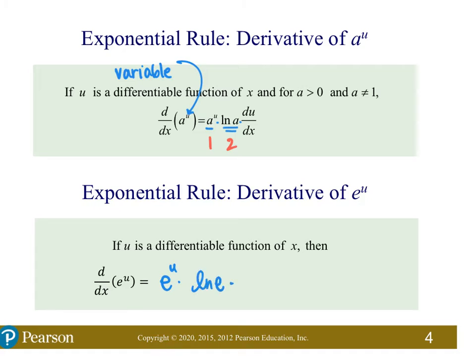Part number 3 is the chain rule, which would be the derivative of whatever the variable power was with respect to x. Now the natural log of e, we all know, has a value of 1. So we could simplify this as e to the u times du over dx. But it's only in the cases of e that the natural log would simplify. Other natural logs are just going to stay as the natural log of the constant.